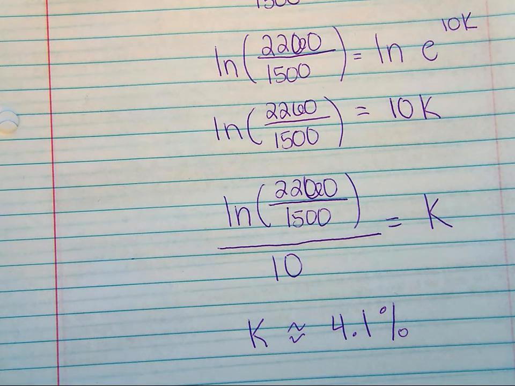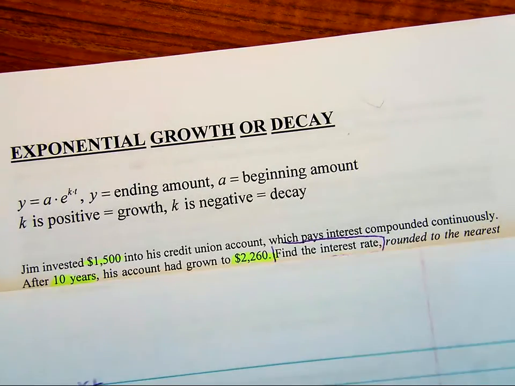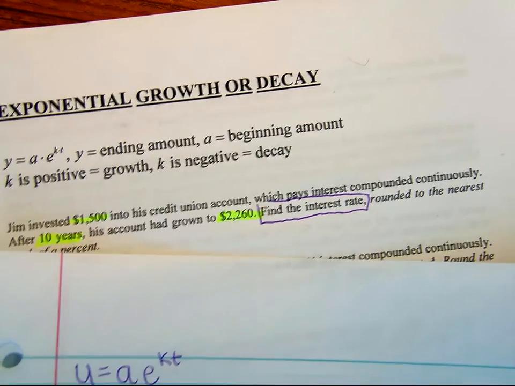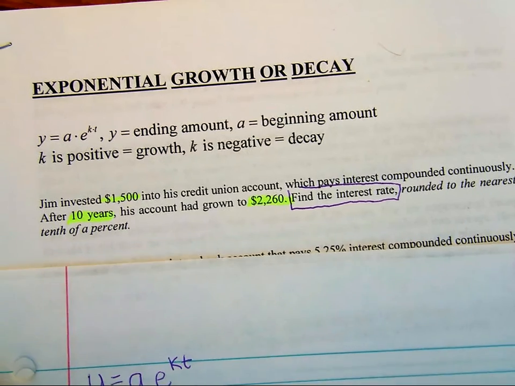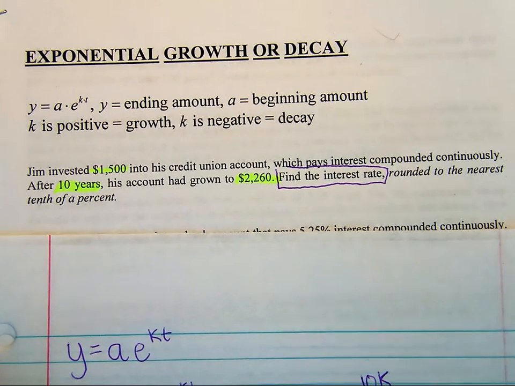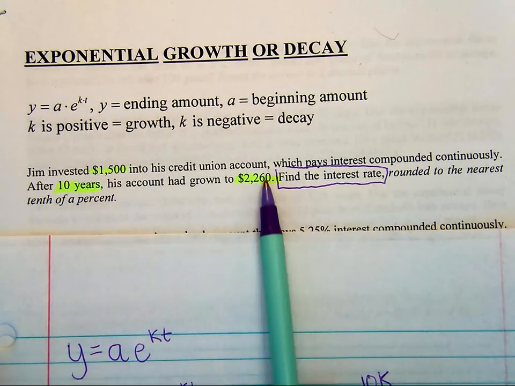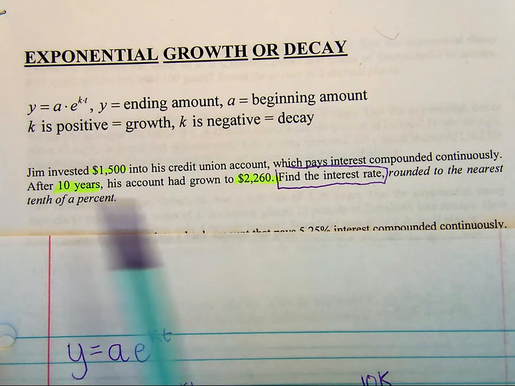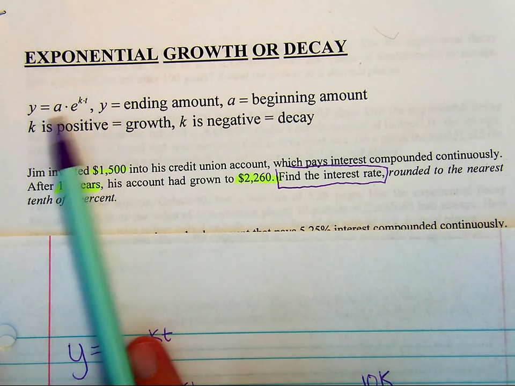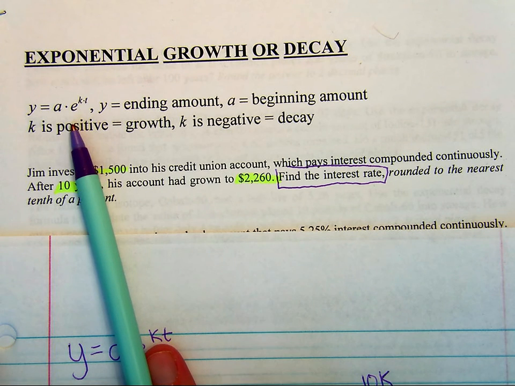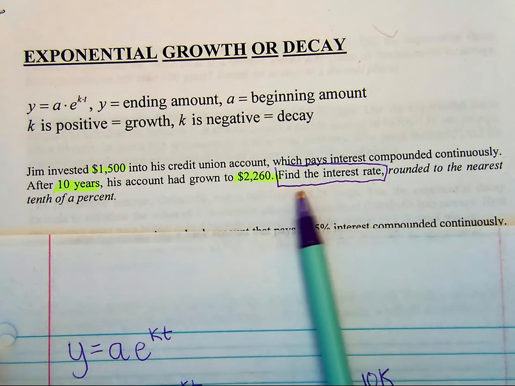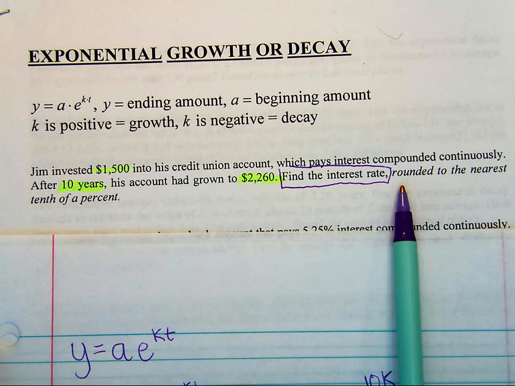Okay, so these problems are going to be all about reading through a problem, a scenario, and picking out the information that was given to you, knowing where that information goes in our formula for exponential growth or decay, and figuring out which of those is your unknown, because that can change.